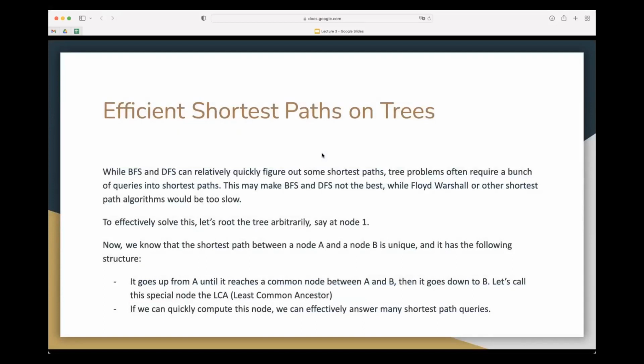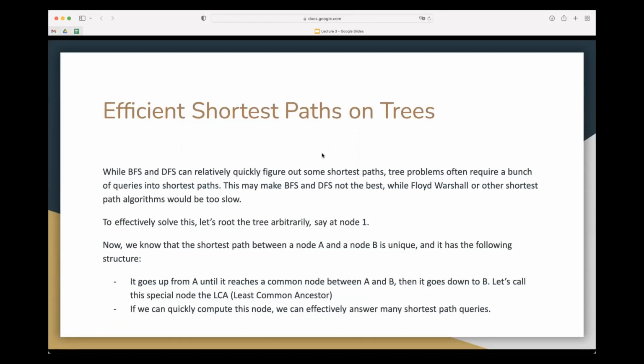While BFS and DFS can be relatively quick on some shortest path problems, for example, if you want to find the shortest path from one node to every other node in a graph, you can use BFS or DFS. That'll be able to do a lot of calculations about shortest paths on a tree, right?